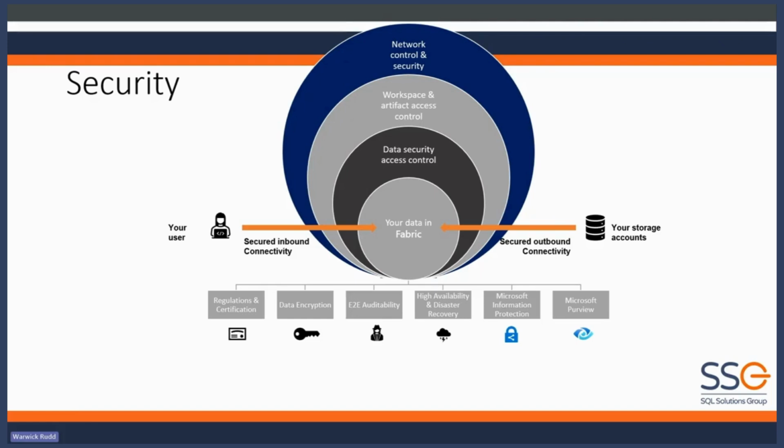If you are having issues and you need Microsoft to assist you and gain access, they don't just have direct access, but it's undertaken via lockbox, and there's steps that you go through to be able to provide them access to that. We've got service tags that we mentioned, and this is where we're able to allow other Azure services and Fabric services to work together.